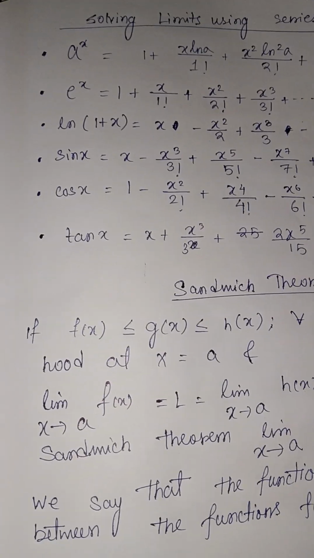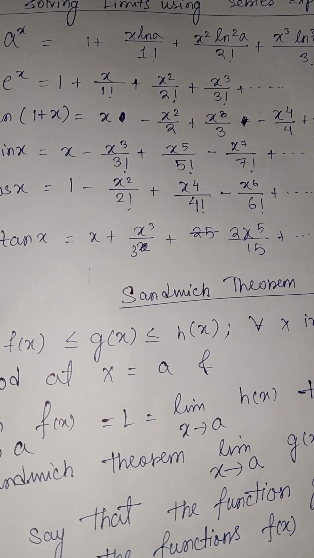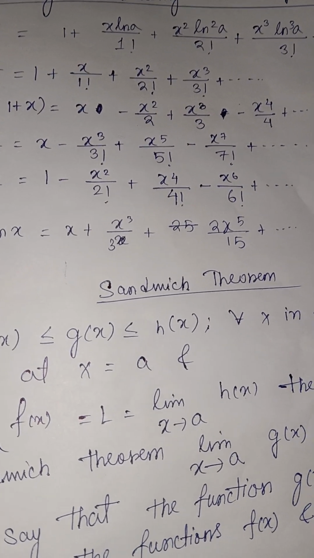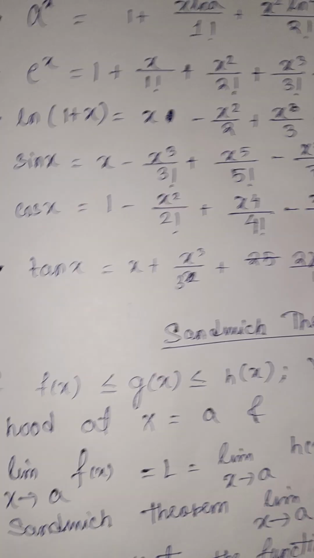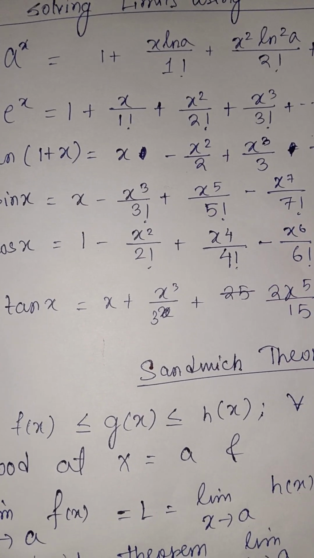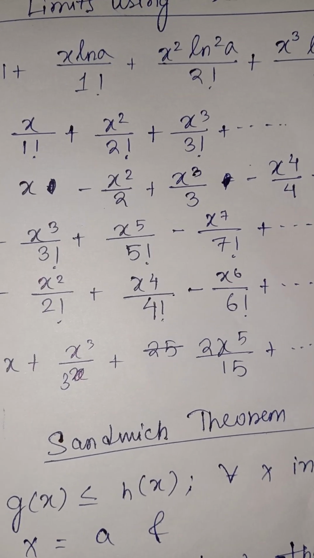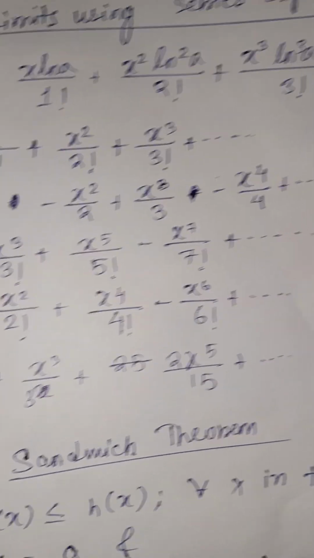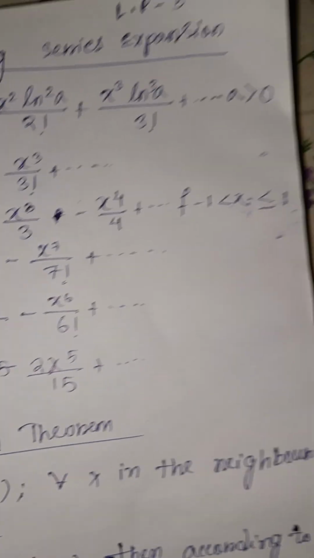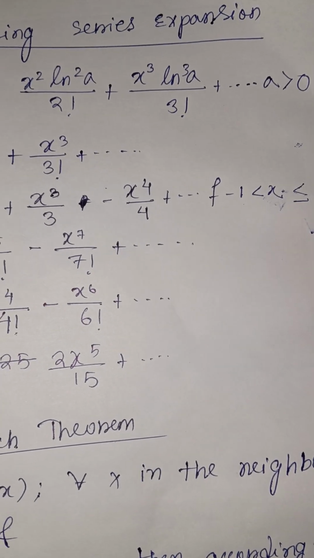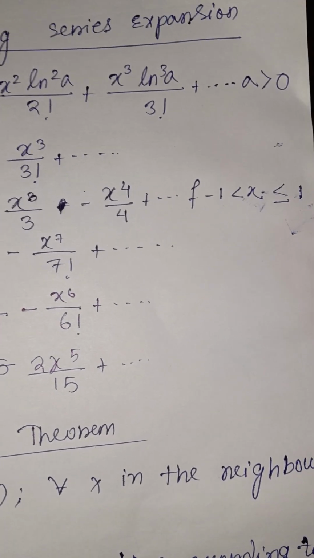For a to the power x is equal to 1 plus x ln a by 1 factorial plus x square ln square a by 2 factorial plus dot dot dot, where a is greater than 0.